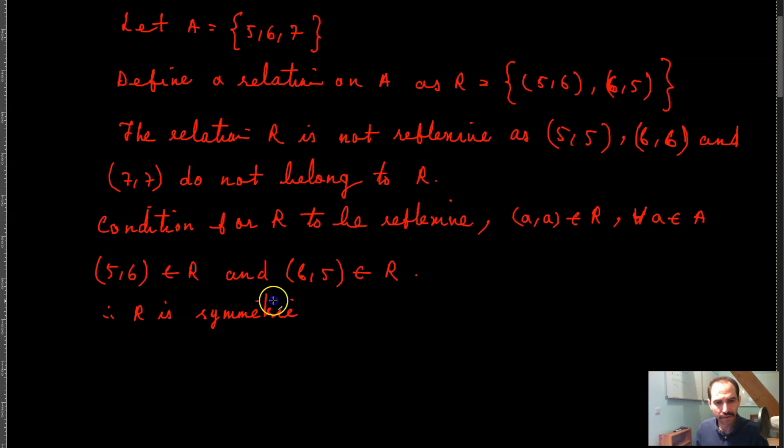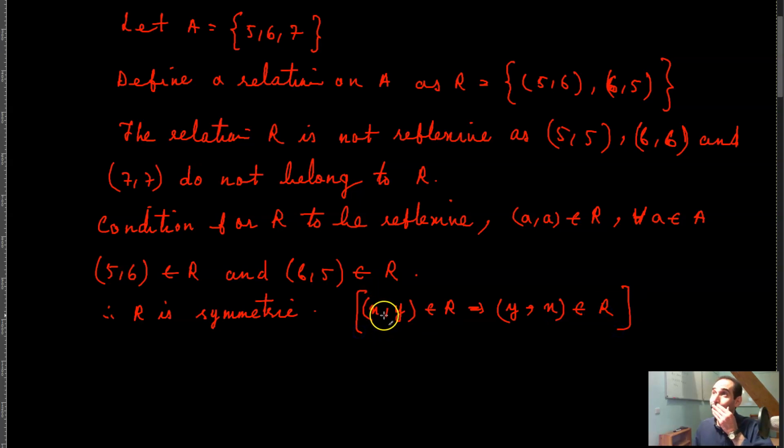R is symmetric means that the condition for R to be symmetric is that if (x, y) belongs to R, then (y, x) also belongs to R. That is the condition.